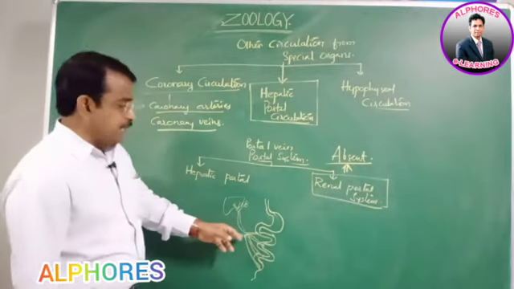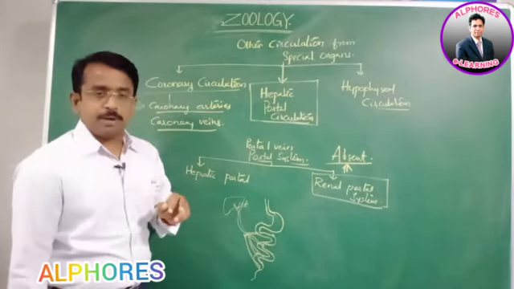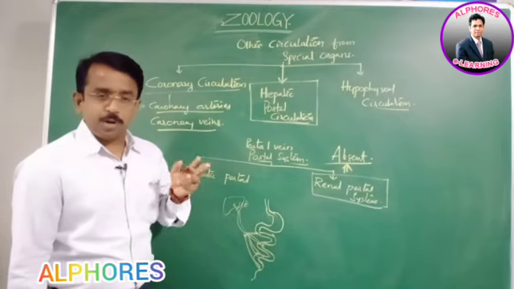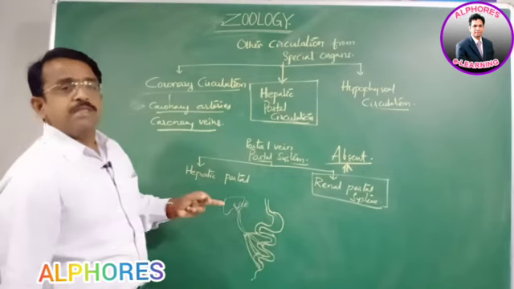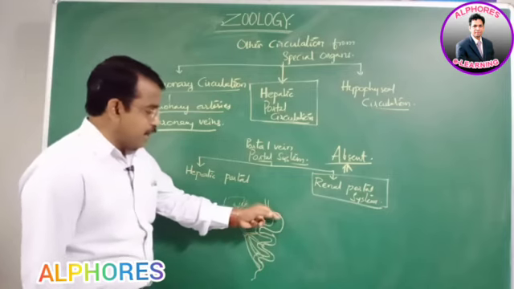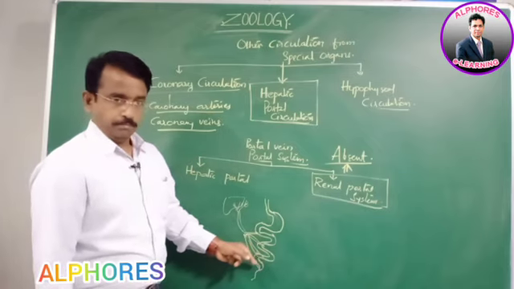Generally, the liver has two sources of blood, as we have seen. One is from the hepatic artery, oxygenated blood, and the other is deoxygenated blood from different parts of the digestive tract.